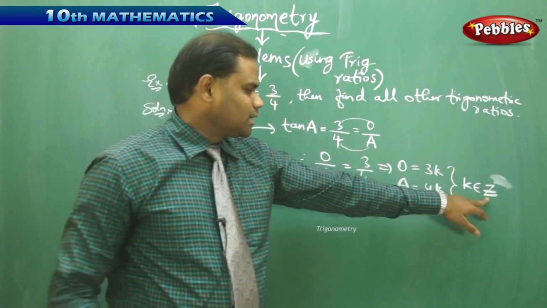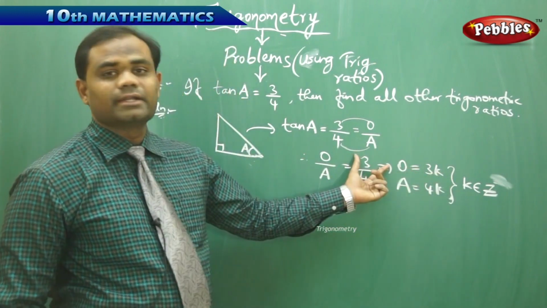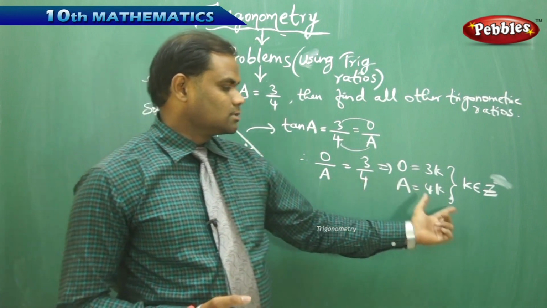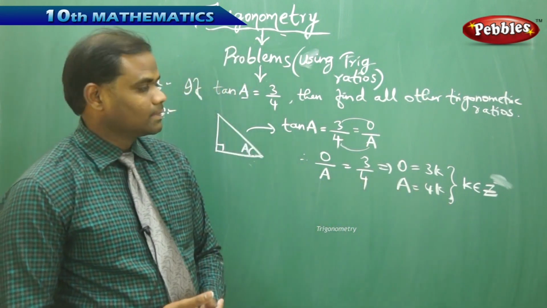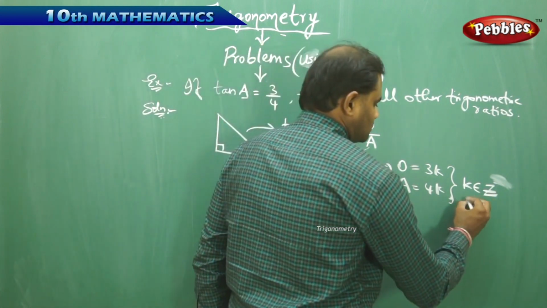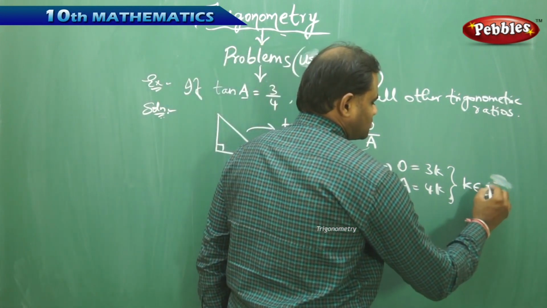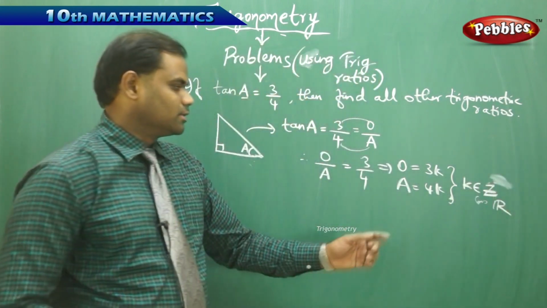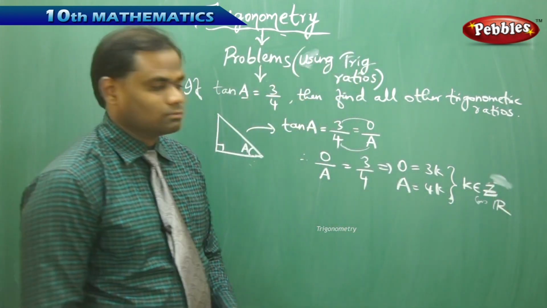So for any integer k, the opposite side is 3 times the multiple constant k, and the adjacent is 4 times k. It can even be R: k belongs to Z, or all the real numbers except 0.